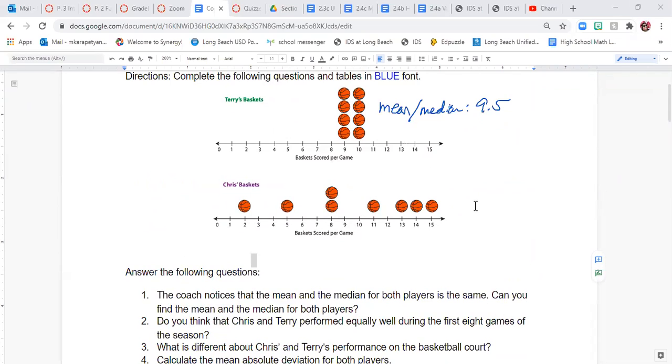So this actually has a lot to do with variability and spread of data. Okay, so visually, let me ask you, who has more spread in the data, Terry or Chris? Chris has a little bit more spread in the data.